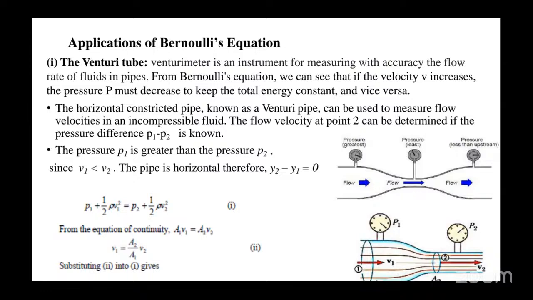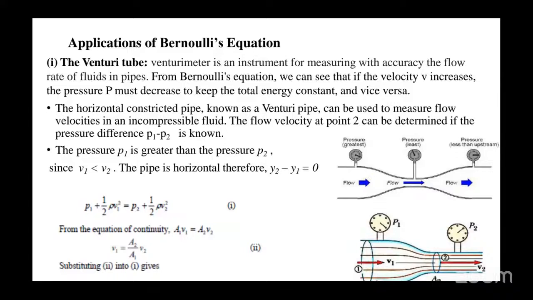So the difference in the height becomes 0. So the height parameter in Bernoulli's expression becomes 0. So we are going to have an abbreviation of Bernoulli's equation as P1 plus half rho V1 square is equal to P2 plus half rho V2 square.